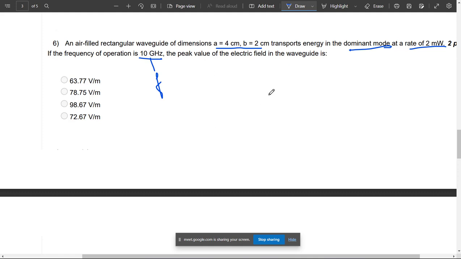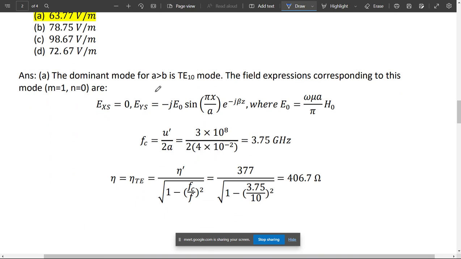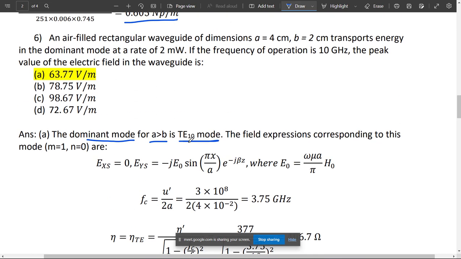Okay, so here A is bigger than B. If A is bigger than B, this means that the dominant mode will be TE10 mode.